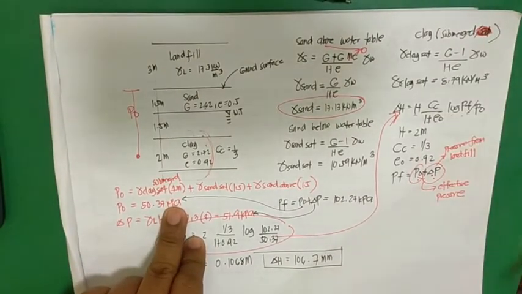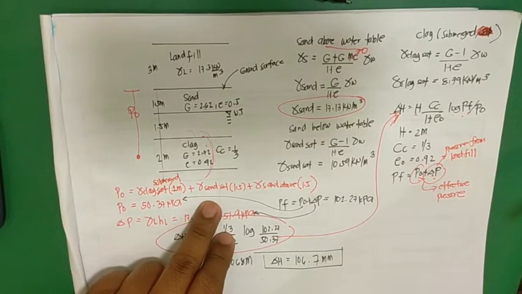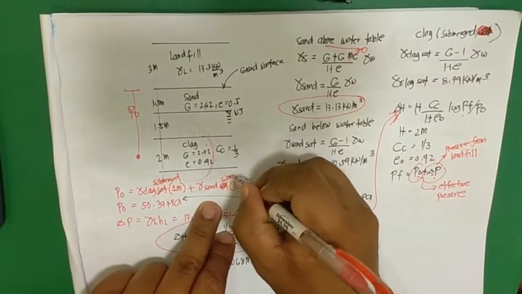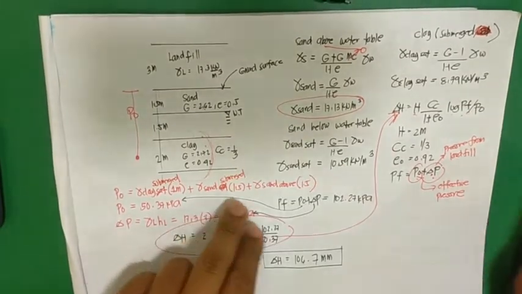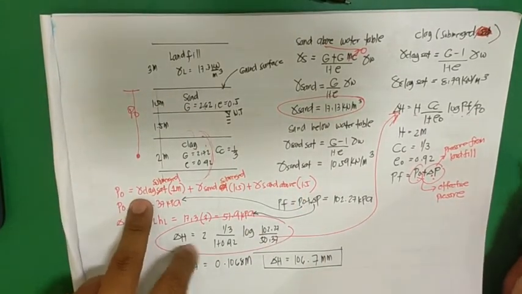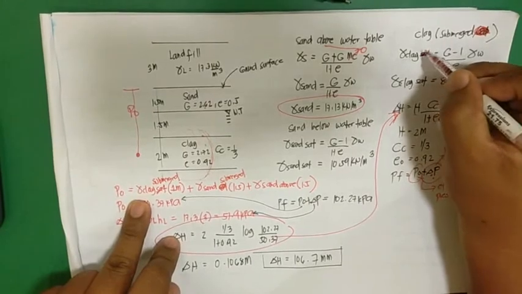When we talk about submerged, it means gamma saturated minus gamma water. The same with this, this is gamma submerged. Gamma sand above 1.5. So gamma clay here, this is submerged.